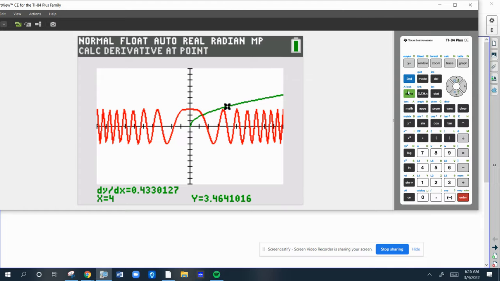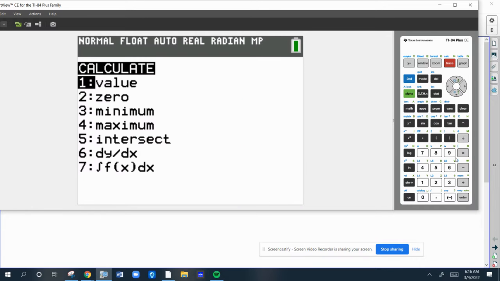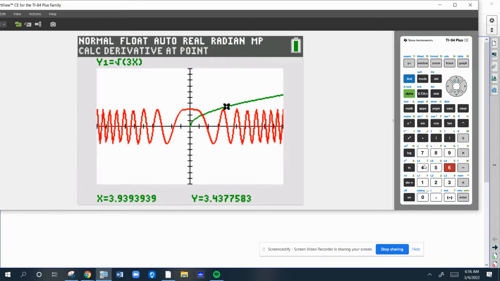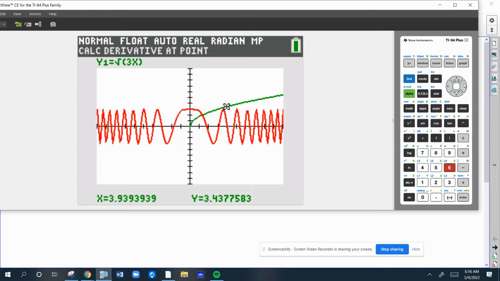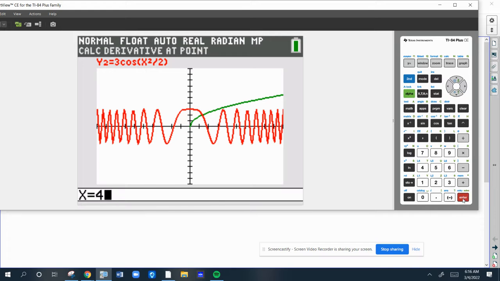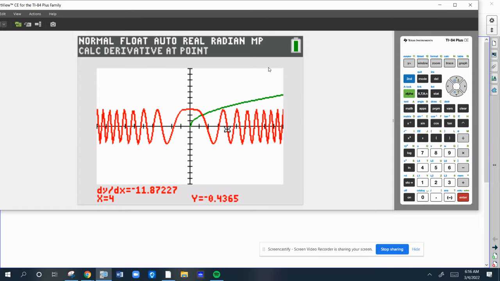And the derivative of the second one, y2, at 4 is, nope, that's the first one. So I have to change it over to the second one. Is negative 11.872.